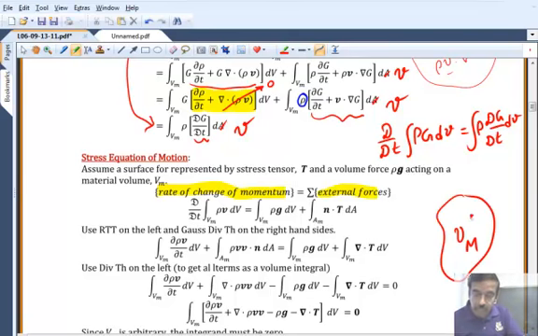Okay, so this rho v is the momentum per unit volume, but we are multiplying it by the volume dV. So that gives you, at a point, a differential element, the total momentum. You have to integrate that over the entire material volume to find the total momentum of that material volume.